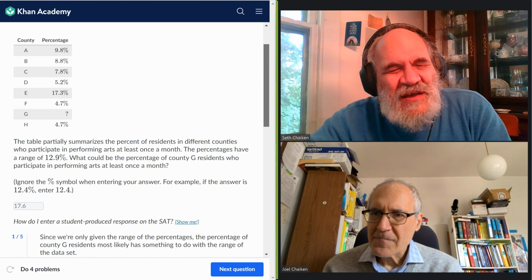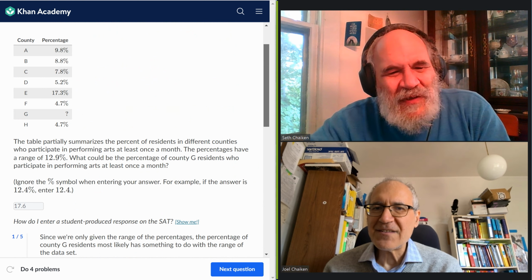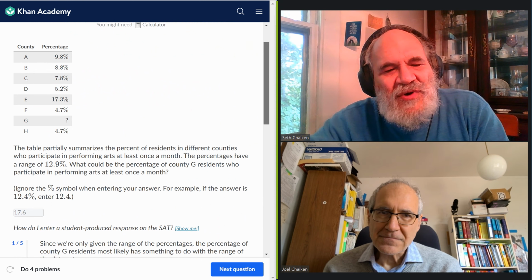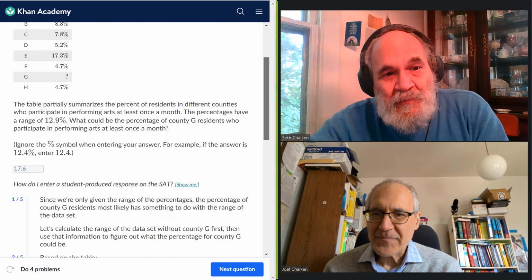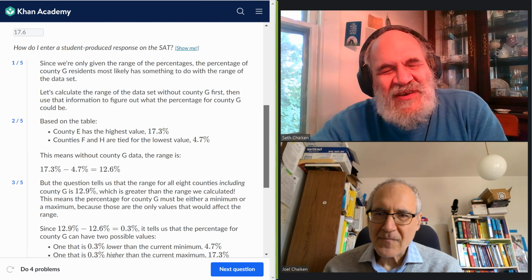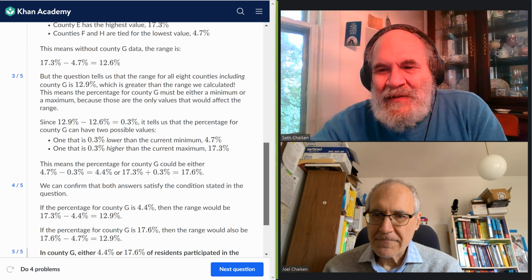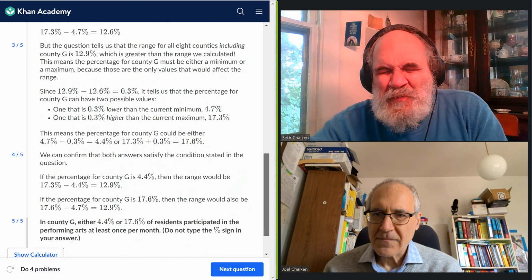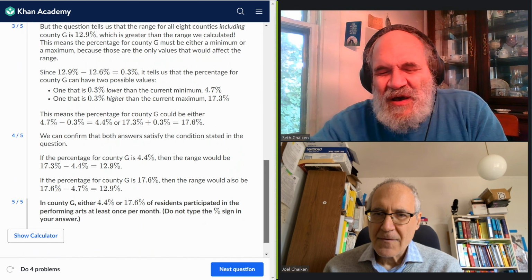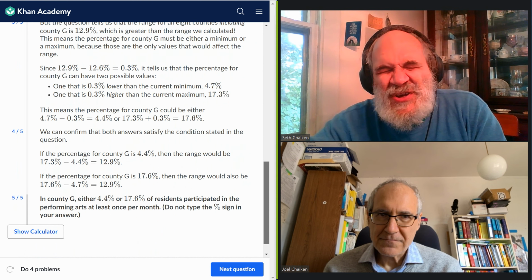The highest data value except for G, the unknown, is E's, and the lowest data value is F. So the strategy is to calculate the range of the numbers that are given. And if that range were equal to the range they tell you, then there's no way to figure out what G is.